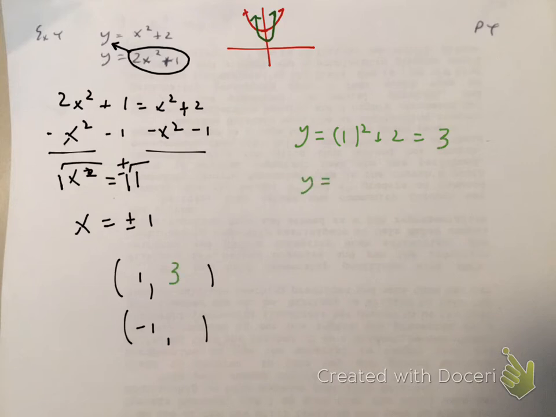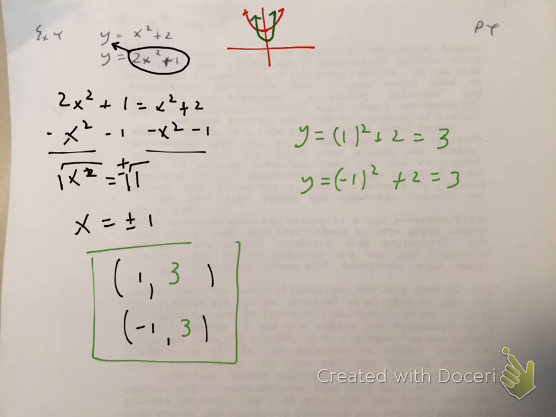And if I use the negative 1, it's not going to be any different. It's going to also be a 3. That has to do with the symmetry involved with those two equations being symmetric with respect to the y-axis. Again, something from chapter 2 that I hope that you remember.